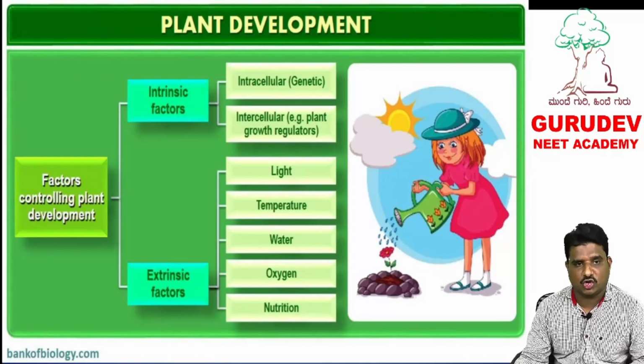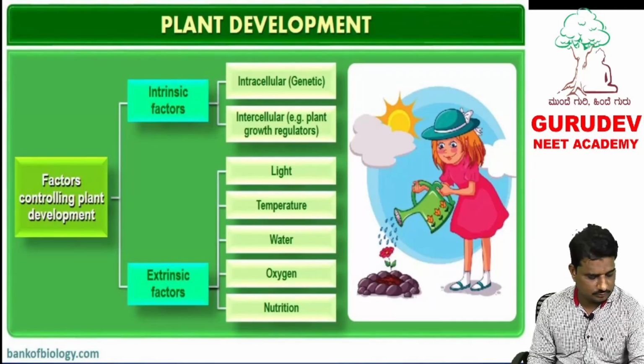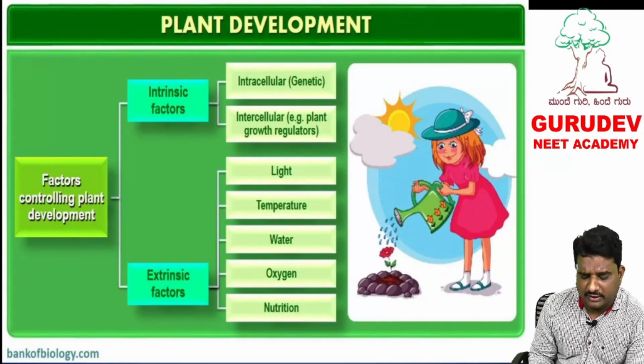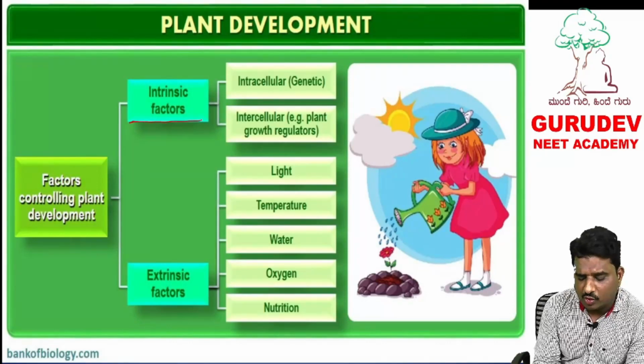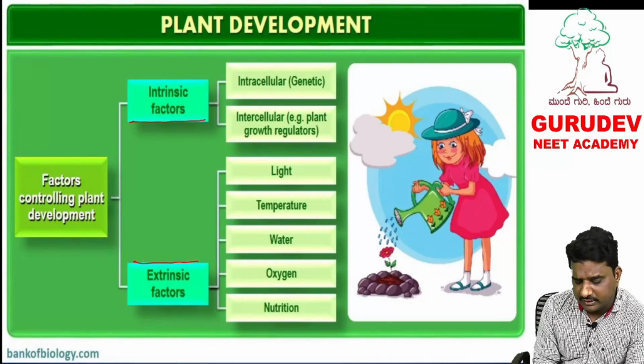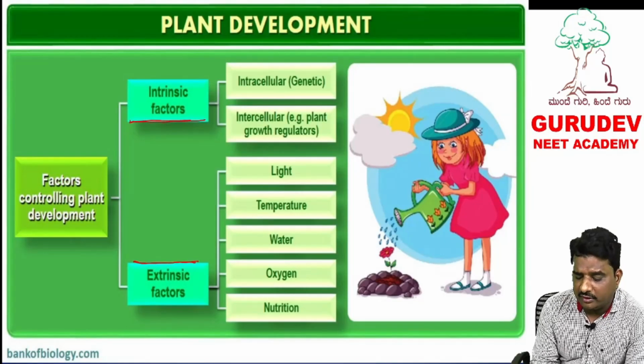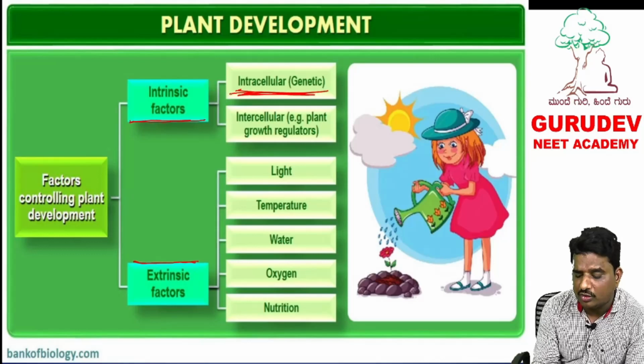Next, some of the factors controlling plant development. Which are the factors controlling plant development? External factors and internal factors. Which are the intrinsic factors, the intracellular factors? They also play a very important role in plant development. What is an intracellular factor?